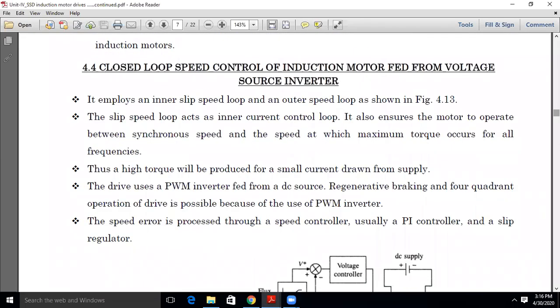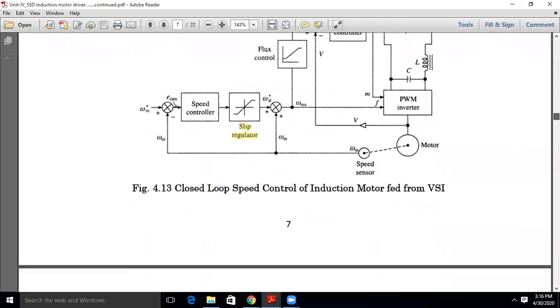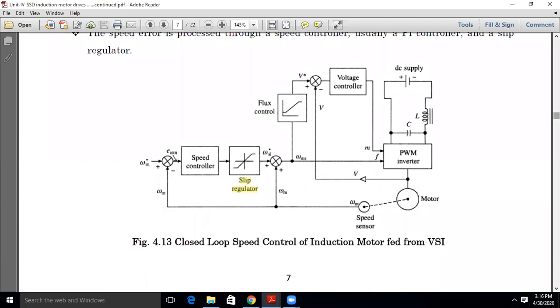So this is the next topic: closed loop speed control of induction motor fed from voltage source inverter. This is the block diagram of it. Again, by means of this also we can control the speed of the induction motor.